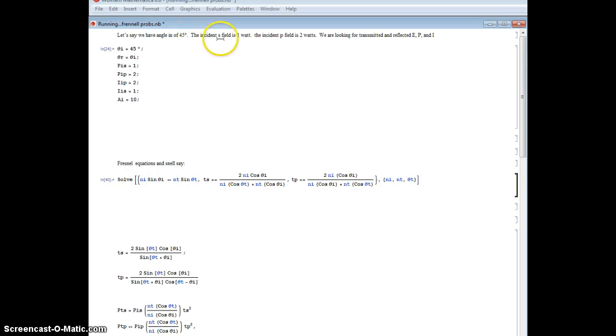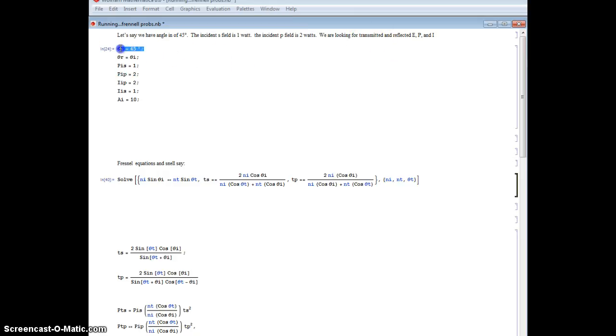The incident S field is 1 watt, and the incident P field is 2 watts. I'm trying to make the argument that there's more P light than S light, which I don't think should be a problem. And we're looking for reflected E, P, and I.